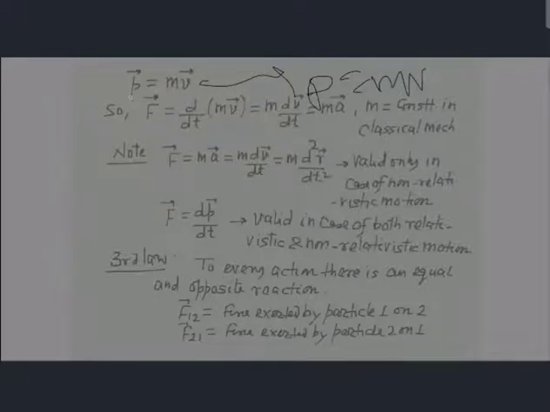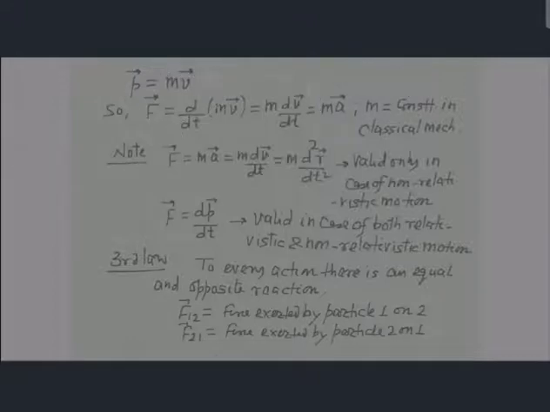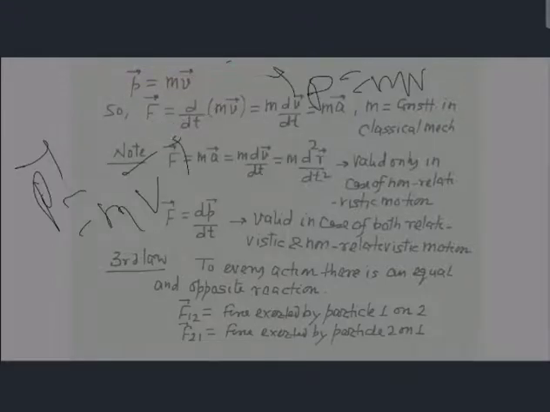But as soon as you come out of the rectilinear motion world, you will find that momentum should always be used as a vector, and velocity should also be shown as a vector. This vector sign is compulsory here, and it can only be removed if the motion is rectilinear. So p equal to mv is the childhood formula for momentum.